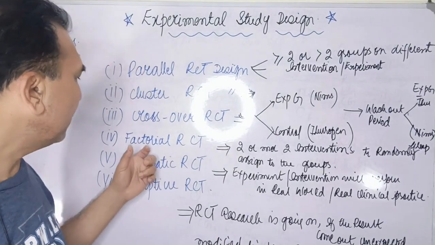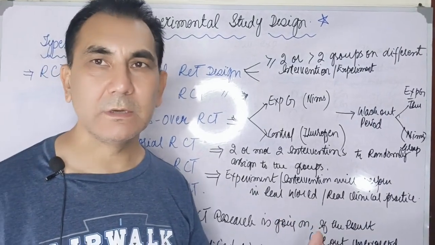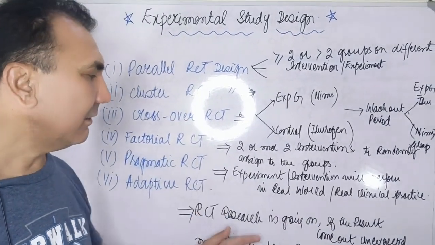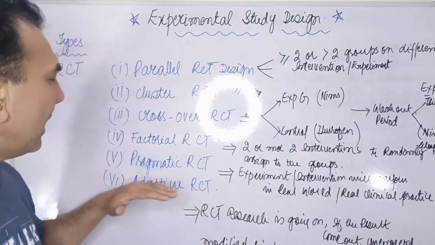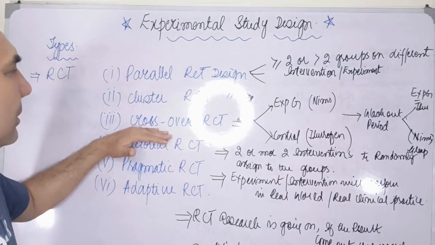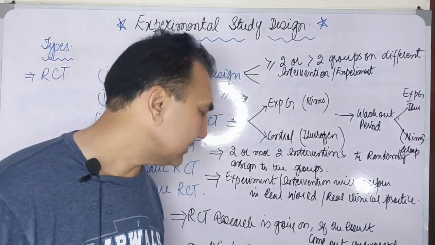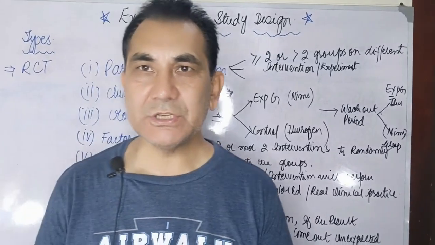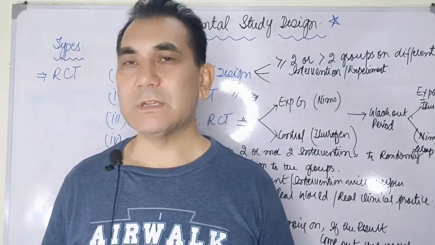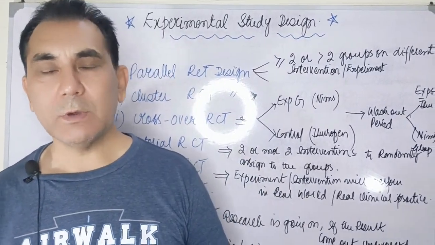Suppose he started the study with the crossover RCT, and when he gets the unexpected result, he sees that if he changes from the crossover to the factorial RCT design, this is called the adaptive RCT design. So the changing or modification of the design during the study period is called the adaptive RCT design.